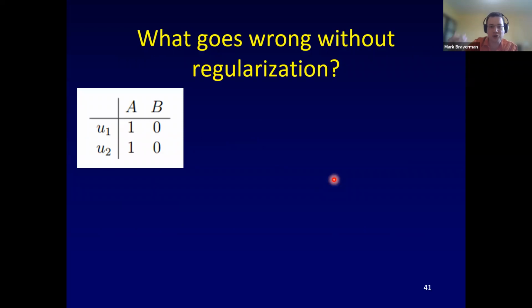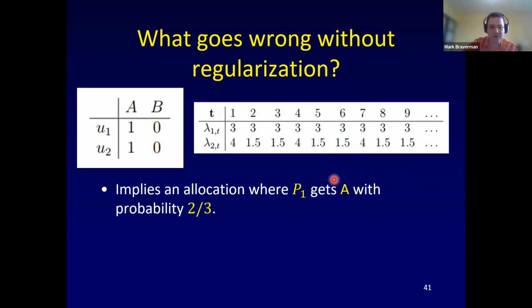And what goes wrong without regularization is kind of a weird example. So again, there are 2 players essentially interested in item A, not interested in item B. So this execution is a low regret execution.